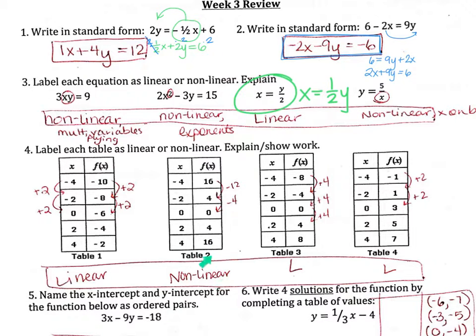That's definitely nonlinear because we're not even increasing or decreasing consistently. Table 3, we're adding 4 all the way through the table and then adding 2 on the other side, which is going to give me linear. And then table 4, we're adding 2 all the way through the table and on the x side also, which is going to give me linear. Linear has constant rate of change, so you need to know that for tomorrow.